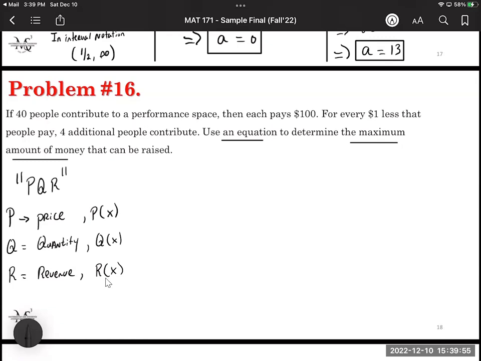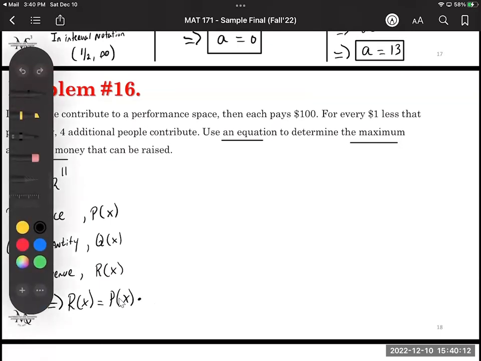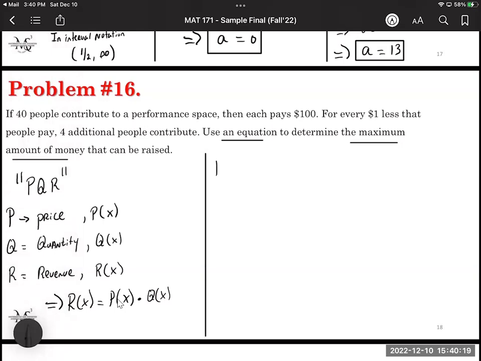The reason this acronym PQR works is because R is always equal to P times Q. The revenue function, R of x, is found by multiplying the price function by the quantity function, Q of x. So first we find the price function and the quantity function, and then we multiply them together to get the revenue function.